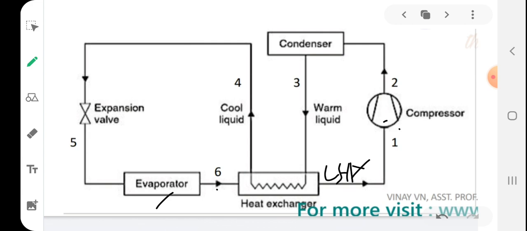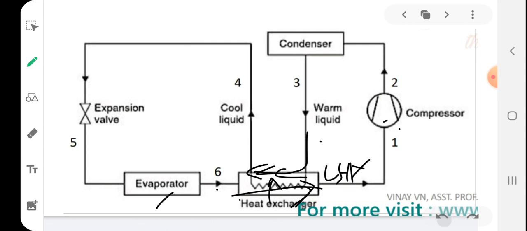The heat exchange takes place between the vapor flowing from evaporator to compressor and the warmer liquid flowing from condenser to expansion valve.